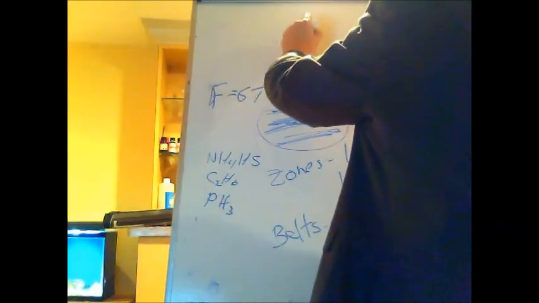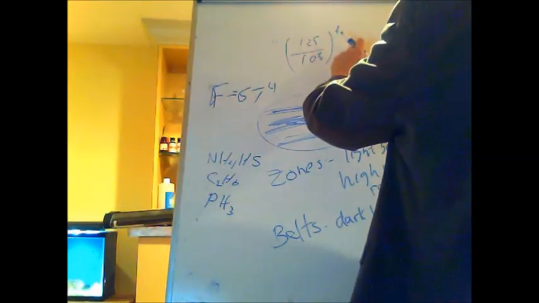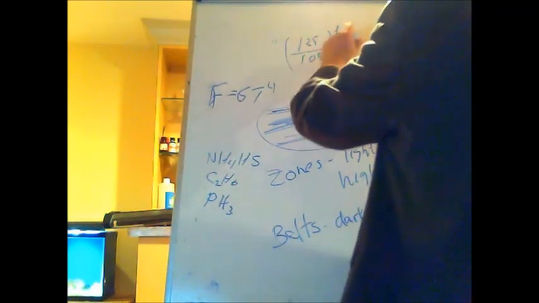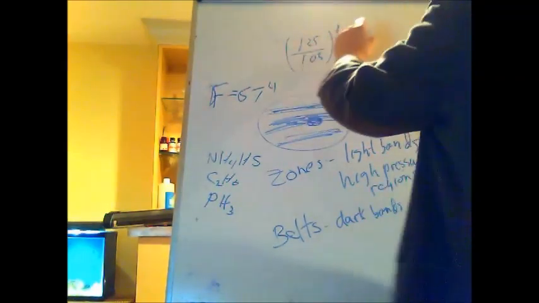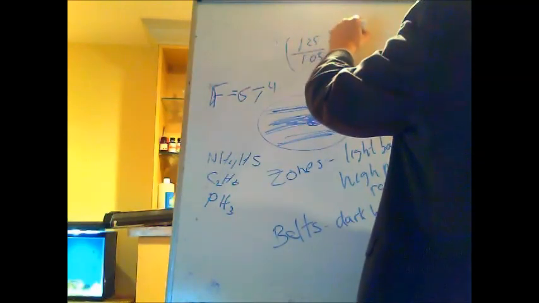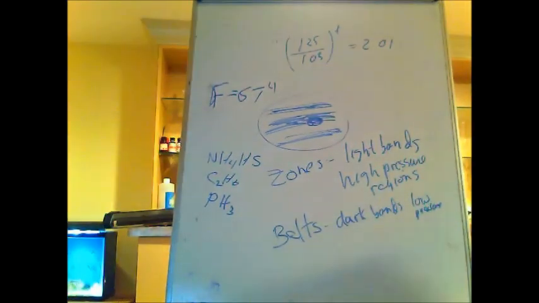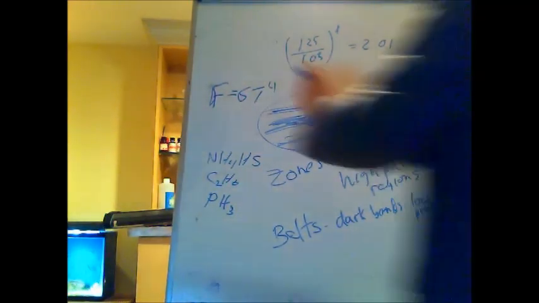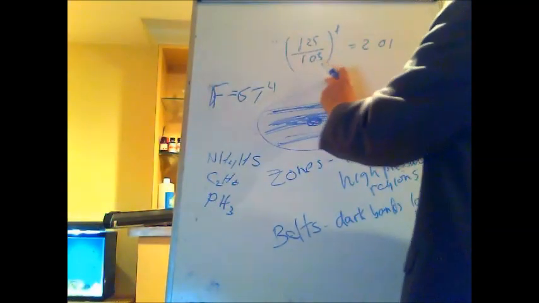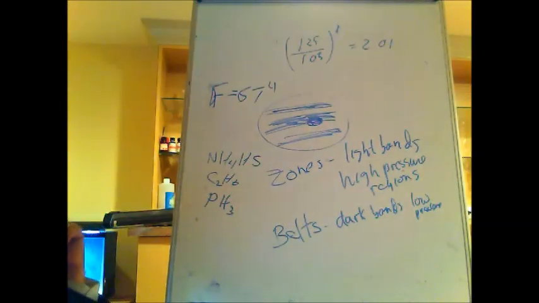If we take 125 and divide it by 105, this is the ratio of these two temperatures. If we raise that fraction to the fourth power, we get approximately 2.01. So the energy flux is actually twice what we would have anticipated if the temperature were only 105 Kelvin.